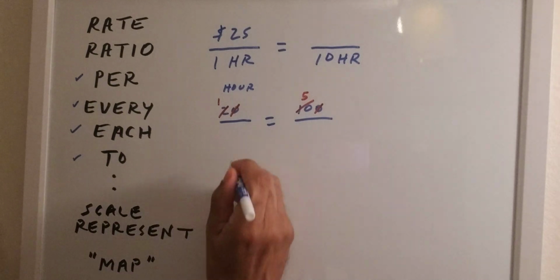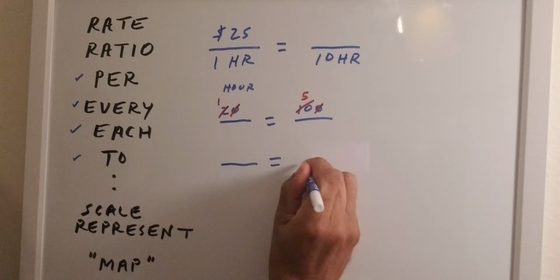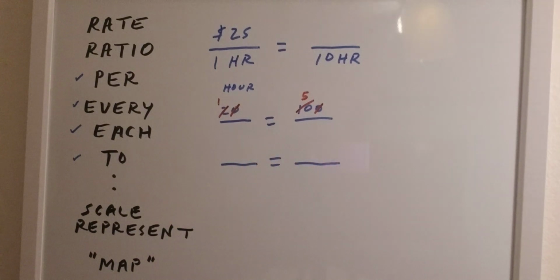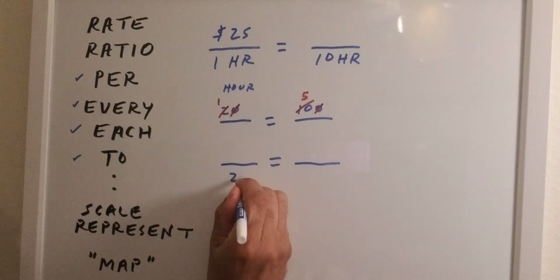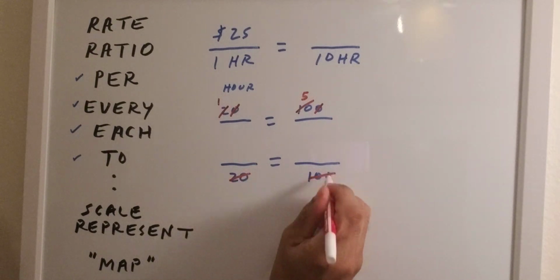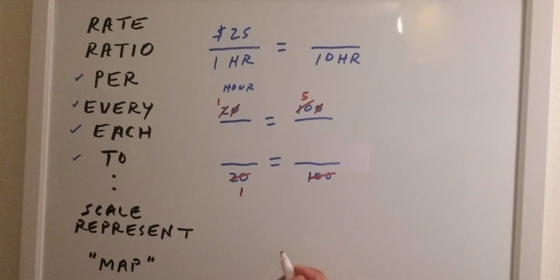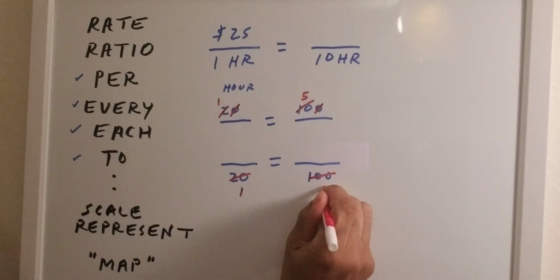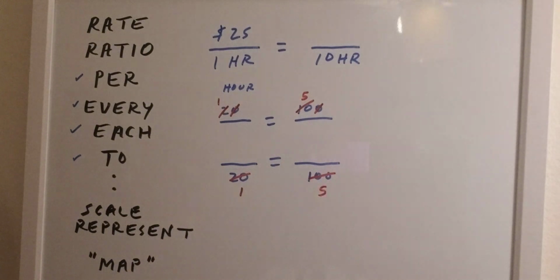Second example, looking at numbers in the denominator, if the 20 and 100 are there, you can follow the same procedure until you get to 1 over 5. You may see immediately that 20 divides by 20 and 100 divides by 20 to bring you to 1 over 5.